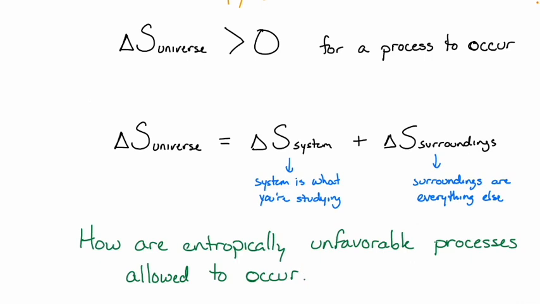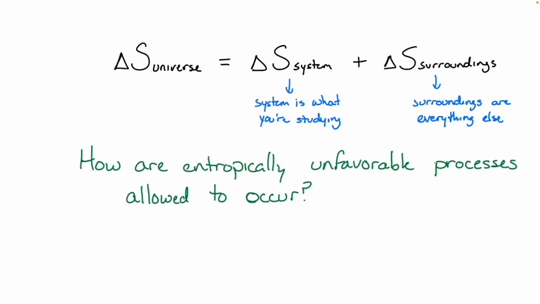As long as the delta S of our surroundings is greater than the positive of that delta S of our system, then our process would still be allowed to occur.